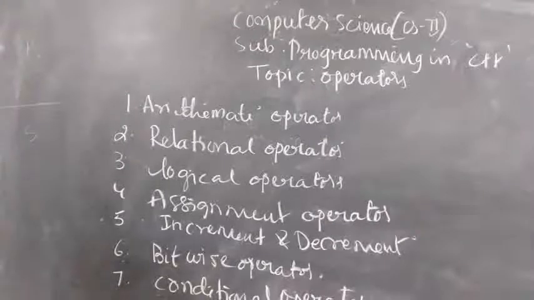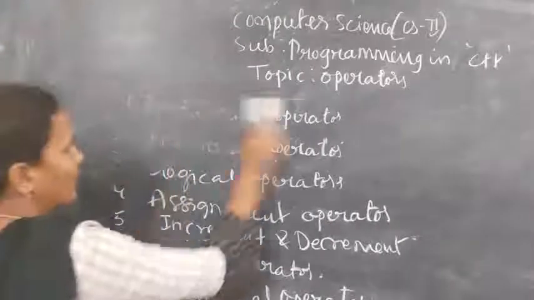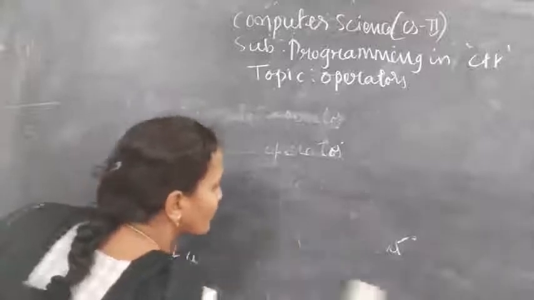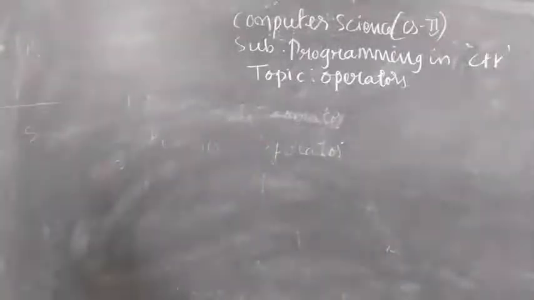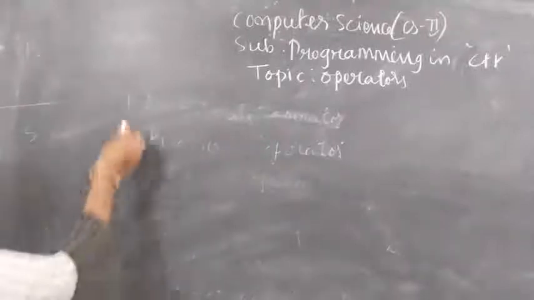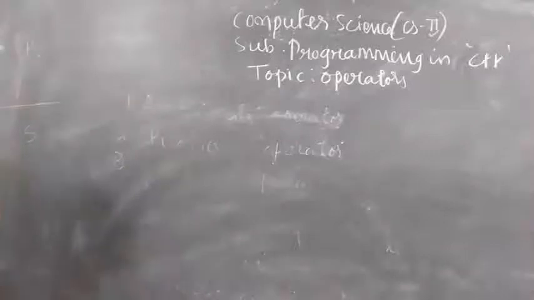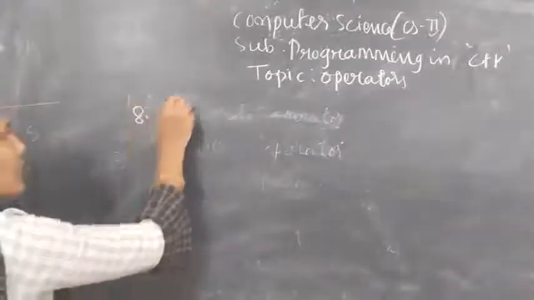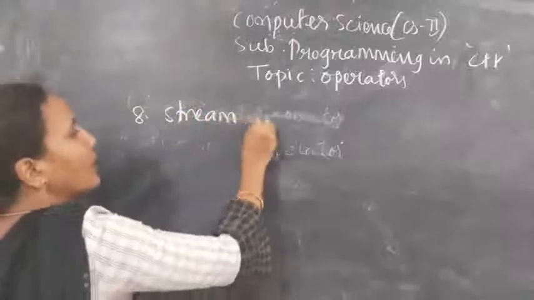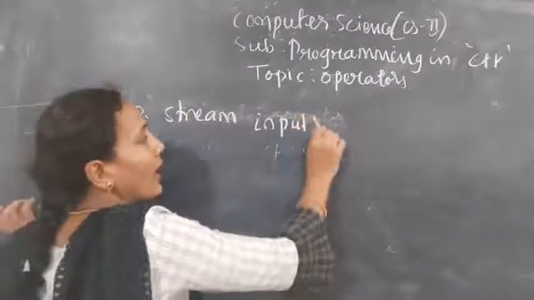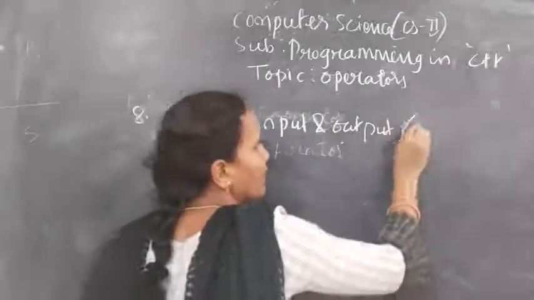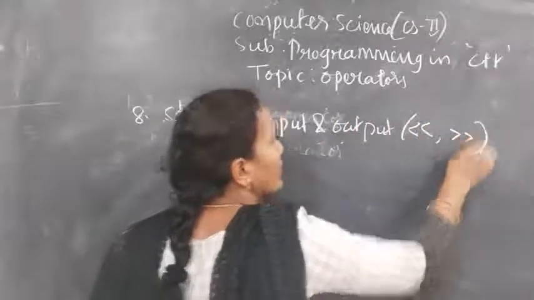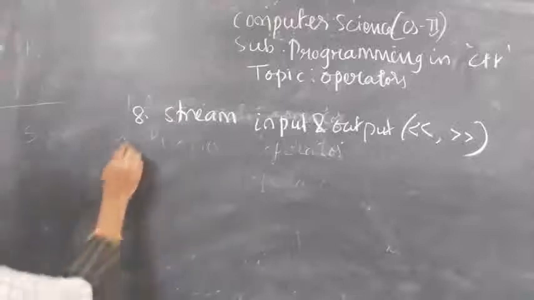Now, what extra operators does C++ support? Here we have new operators: stream input and output operators, the last number was 7, so this is 8. Next, the scope resolution operator.